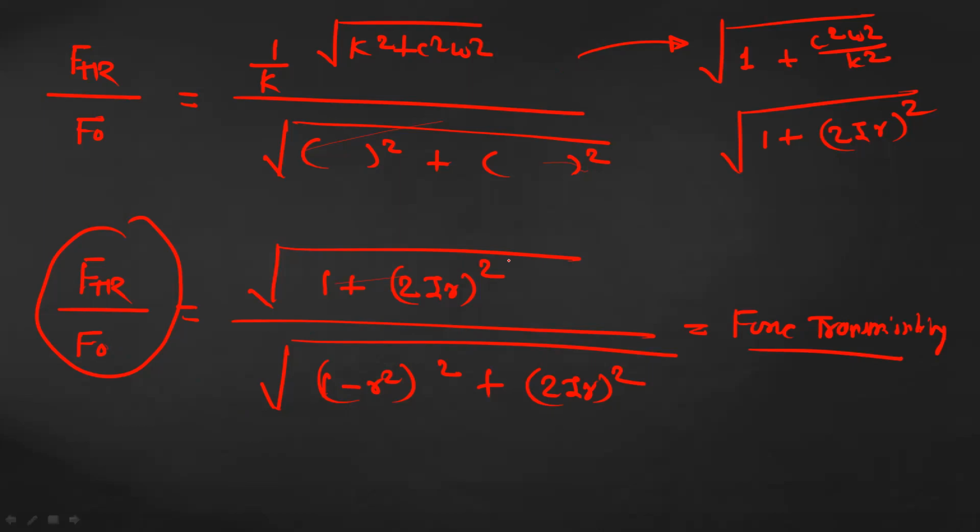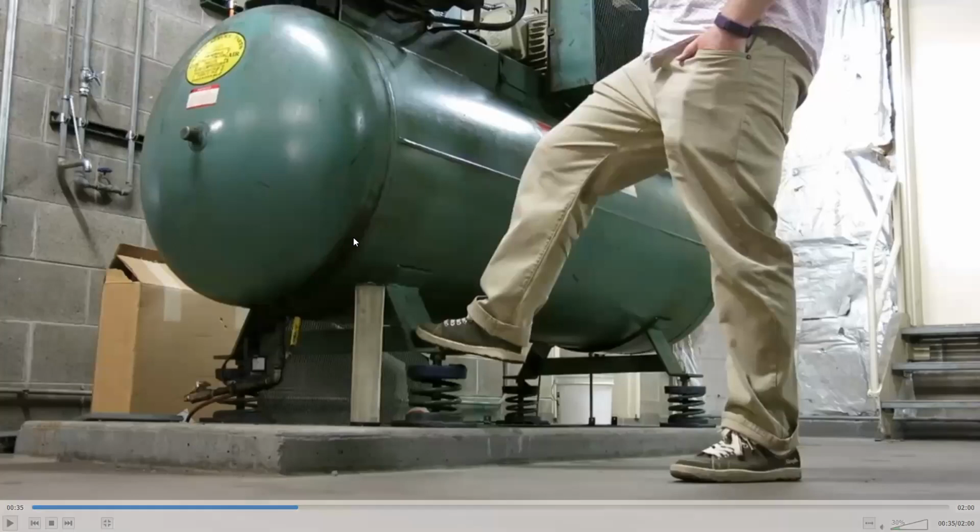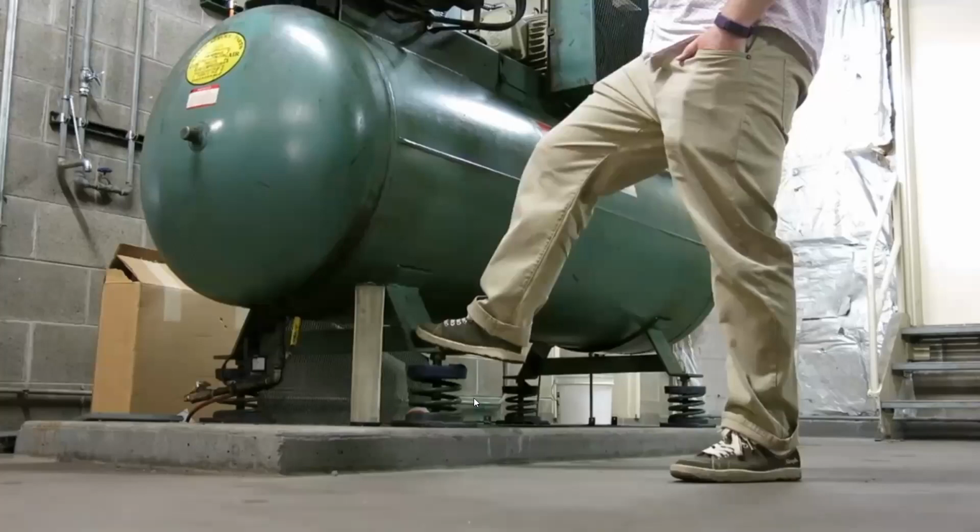I will show the anti-vibration mount, how exactly it looks. Here, this is the compressor. It is connected with the foundation and it is isolated by using the anti-vibration mount. These are called the isolators. Their main role is to minimize the amount of force transmitted to the foundation, and therefore it reduces the damage to the foundation.